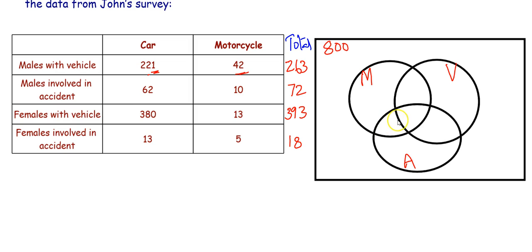Now let us start from the innermost set, that is the most common region, that is how many students are males, they own the vehicle, and they are involved in accidents. All the three conditions should be satisfied. So I'm looking for all those males who own either a car or a motorcycle and they are involved in an accident.